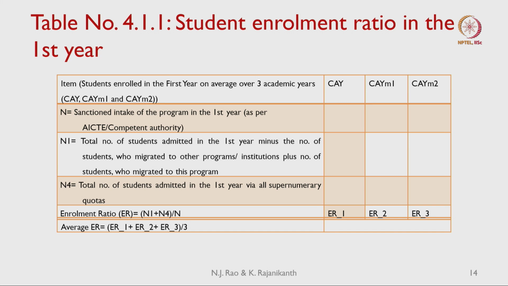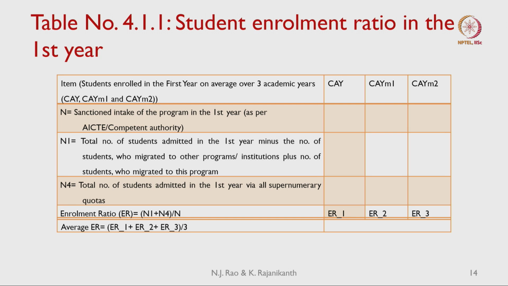So, N is the sanctioned intake of the program in the first year as per the statutory bodies, AICTE or whatever is the authority. Then N1 is the total number of students admitted in the first year minus the number of students who migrated to other programs plus the number of students who migrated into the program. Sanctioned intake, then the actual admissions minus those who have left plus those who have come in.